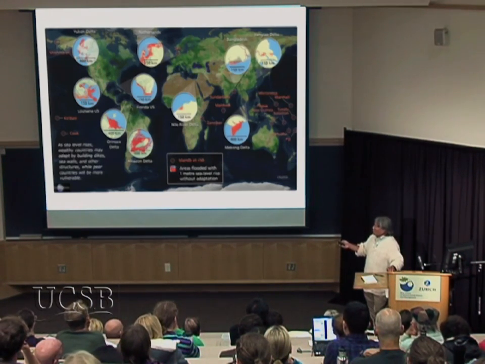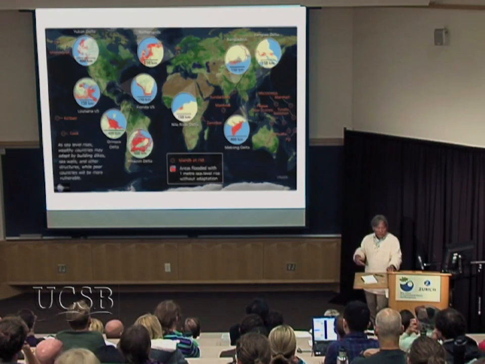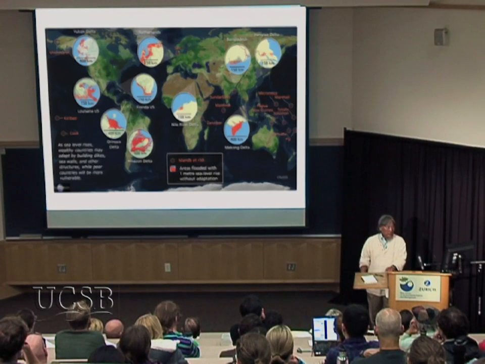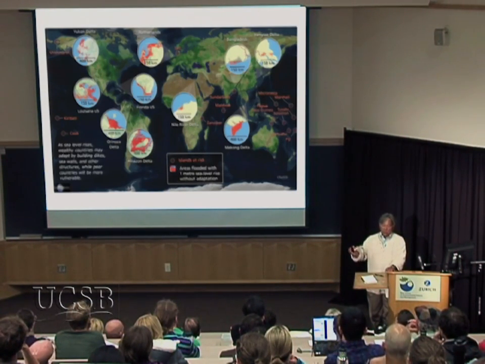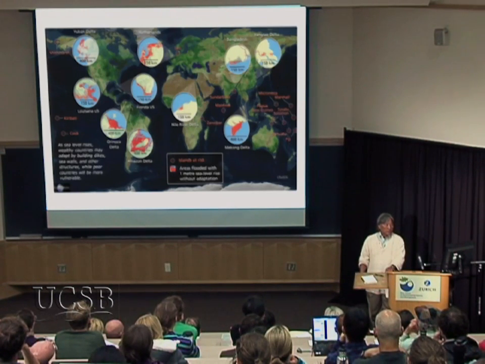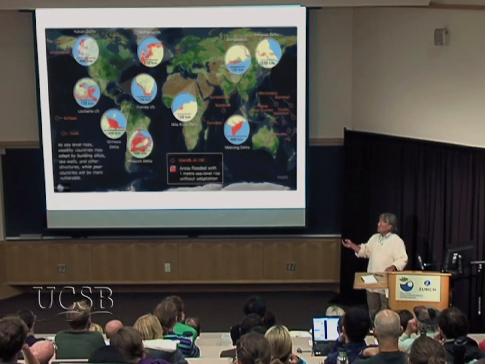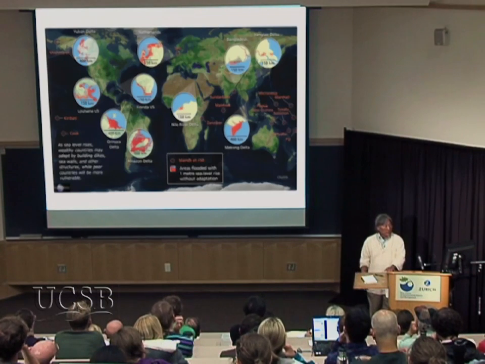They're trying to come up with resources to move their capital city inland if they can get the resources, and they're hoping to use carbon trading, forest conservation trading with Norway providing to actually help with that sort of transition.